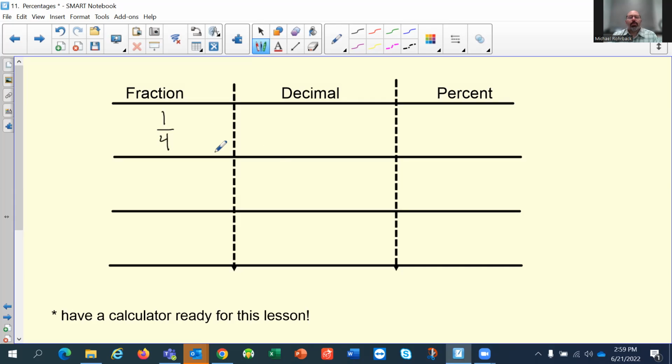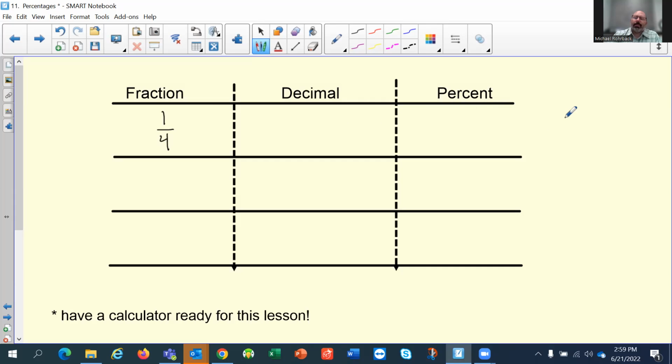To go from a fraction to a decimal or a fraction to a percent is very simple. We kind of already know what this is. If you know what a quarter is worth, if you have one in your pocket and you're going to spend some money, you already know what the decimal is. But how do you get there?